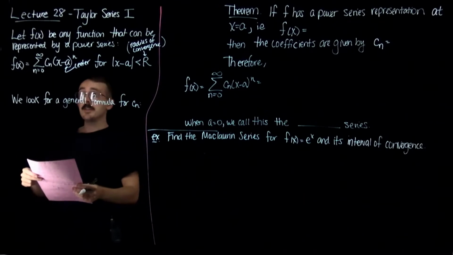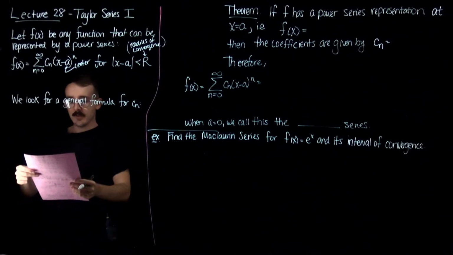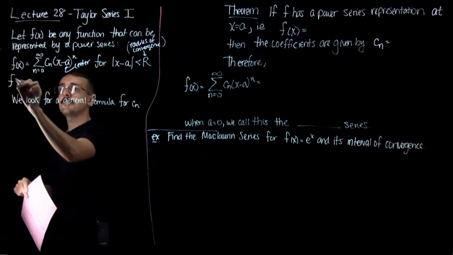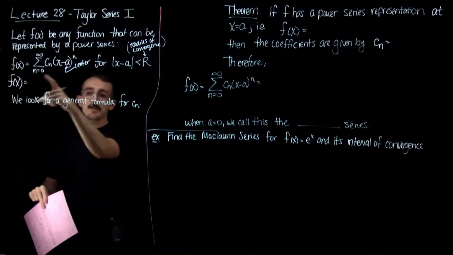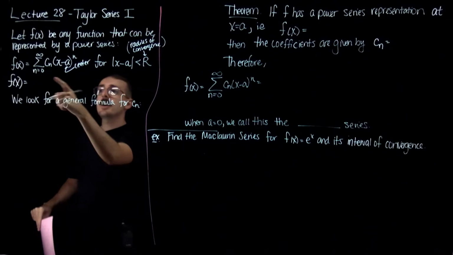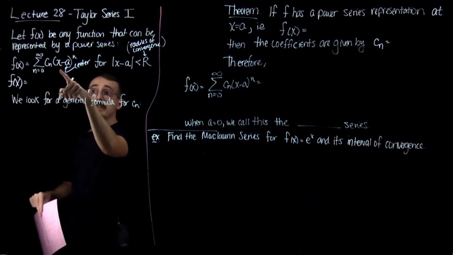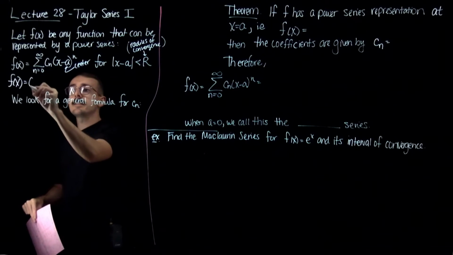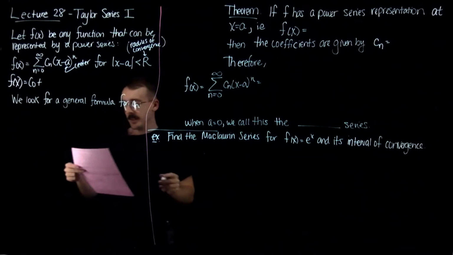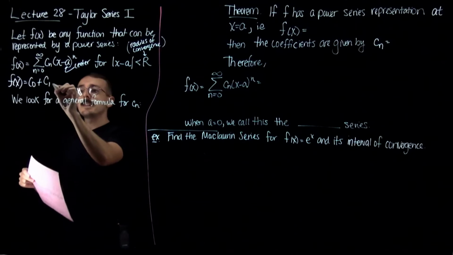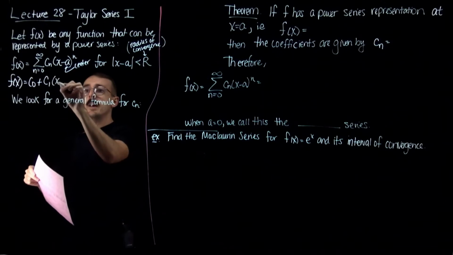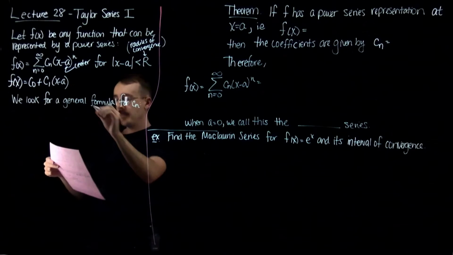So first thing I'm going to do is go ahead and write this out. If I were to write out the first few terms of this infinite series, you'd plug in n equals 0, for example, and you would just get c sub 0. For n equals 1, you'd get c1 times x minus a to the first power.